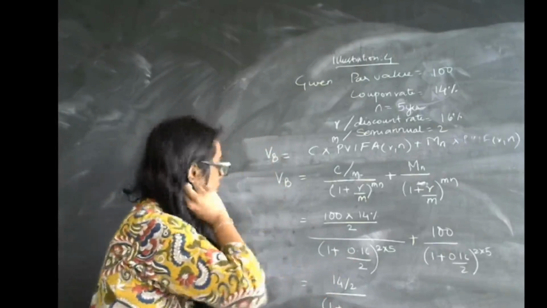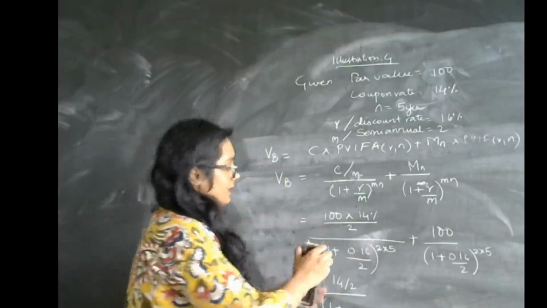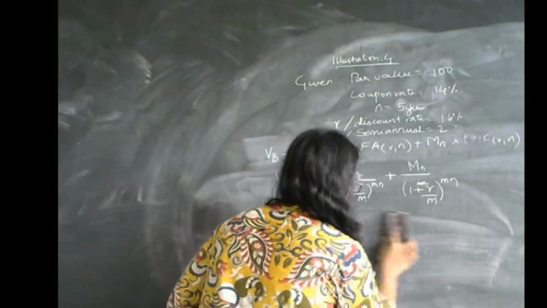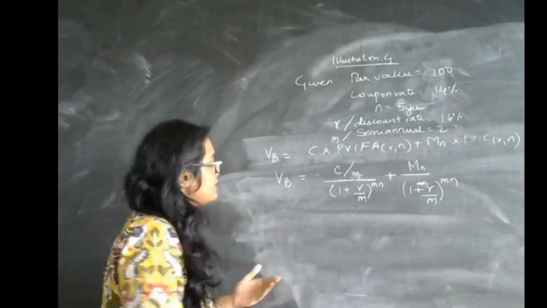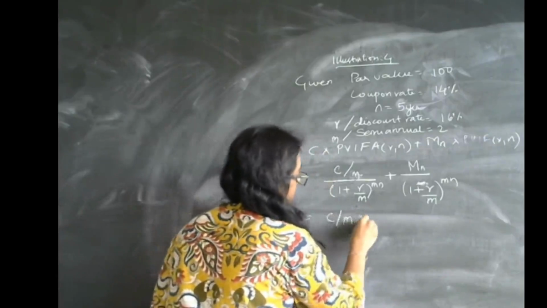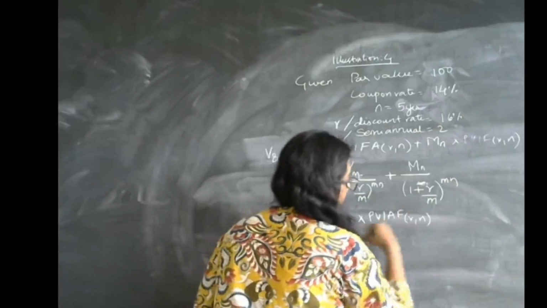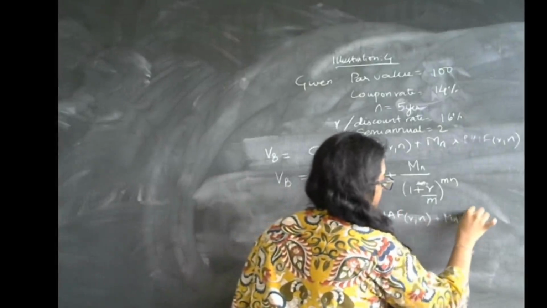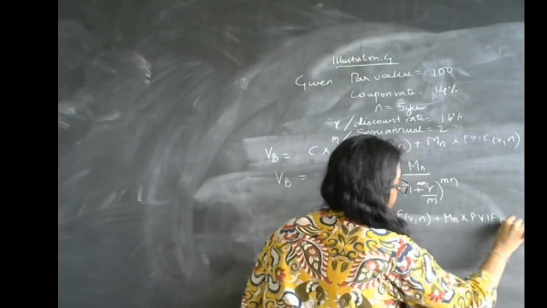Or else if you are getting confused with this, since it is a little bit confusing, what you can do is, plus Mn multiplied by present value interest factor at the rate of R for N years.